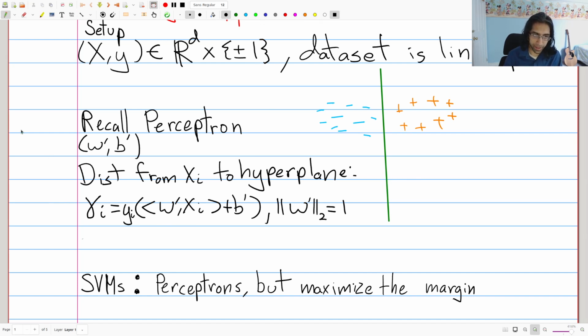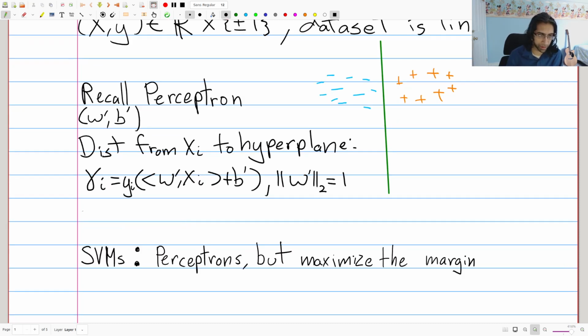Now, the idea of the SVM solution, like I said before, is that it's going to be like a perceptron, but trying to maximize the margin. Let's recall what the margin is first.